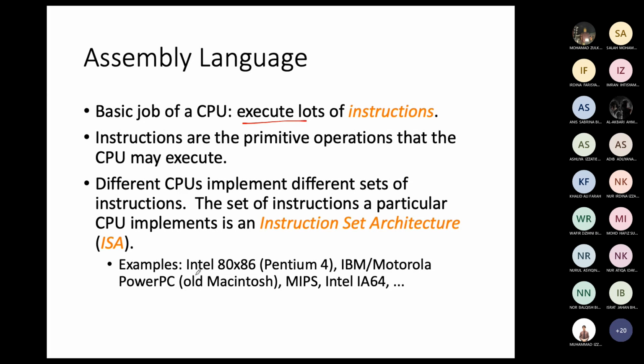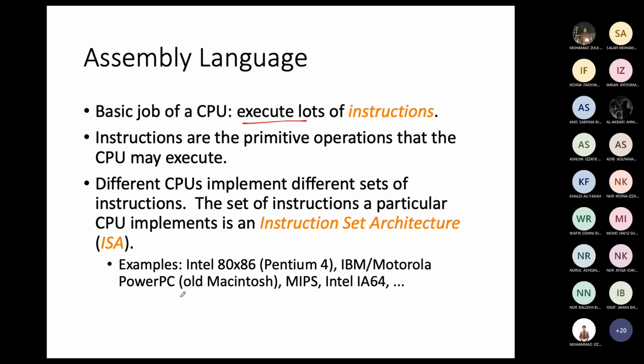For example, we use the Intel 8086 architecture for the Pentium 4 or its predecessor, the previous family. Here we can say this is a processor for 32 bits, so they have a different instruction set architecture. And then IBM, Motorola, and PowerPC have a different architecture.